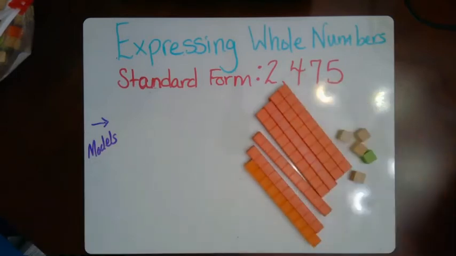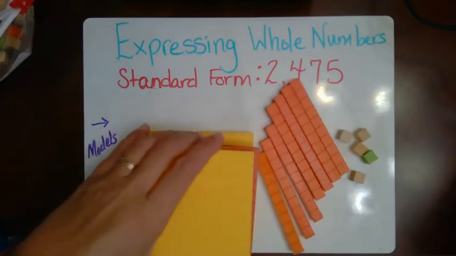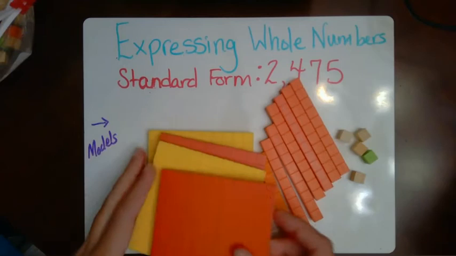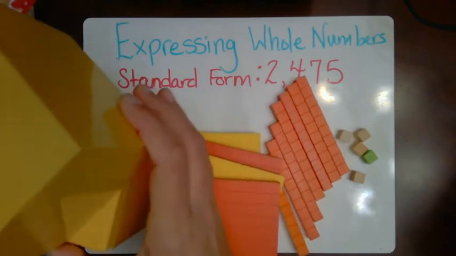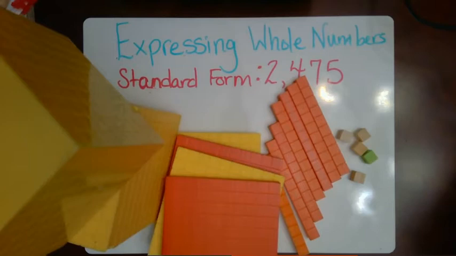And then my hundreds, that's worth 4 hundreds. And then lastly, the 2 is worth 2,000. And that is a model.